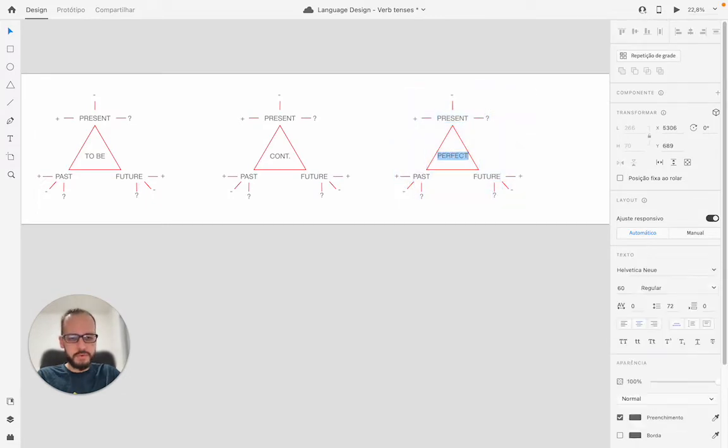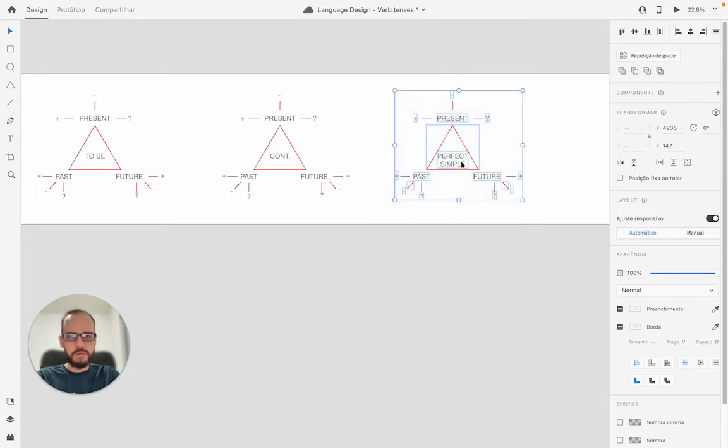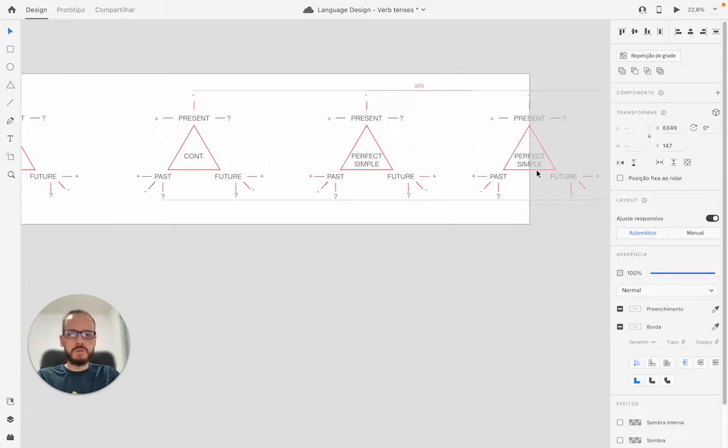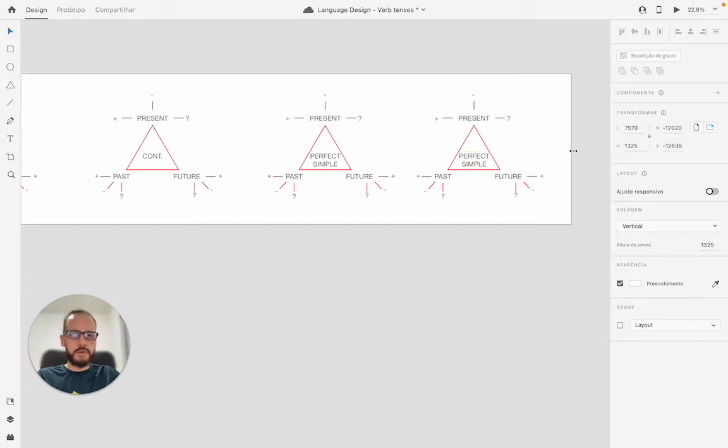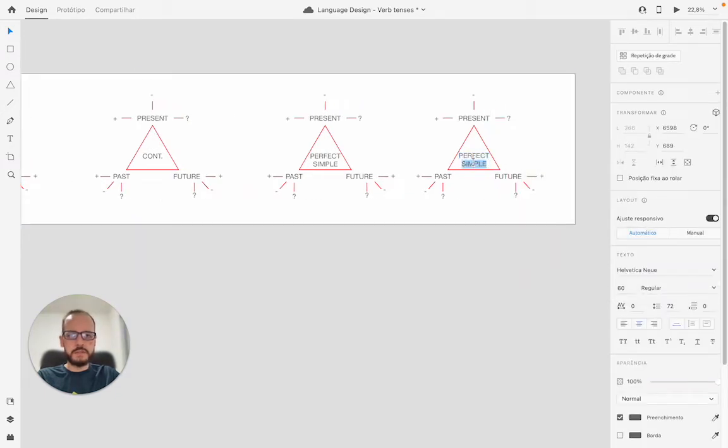Let's put here perfect simple, because if there is a simple and a perfect simple, there is also a continuous and a perfect continuous.